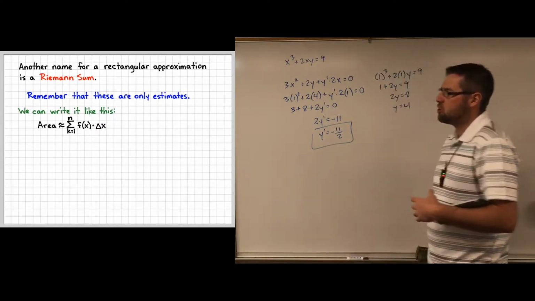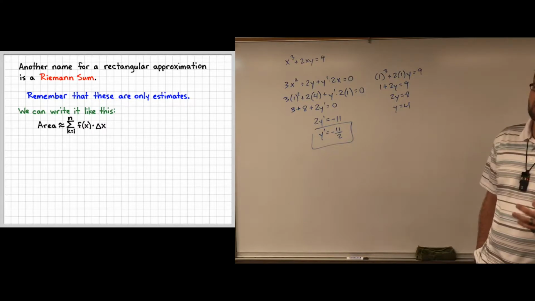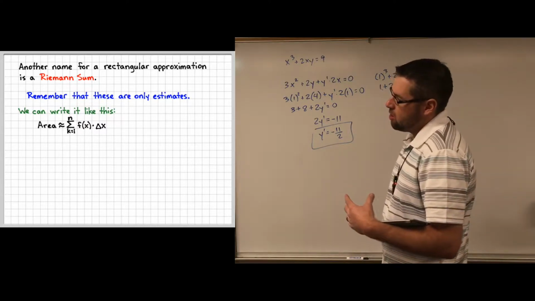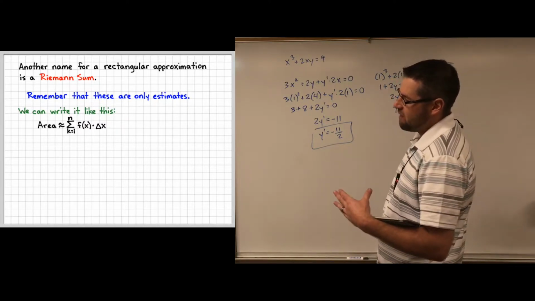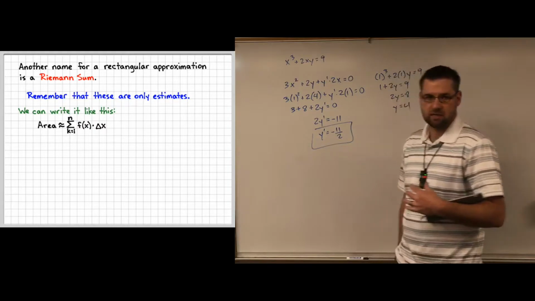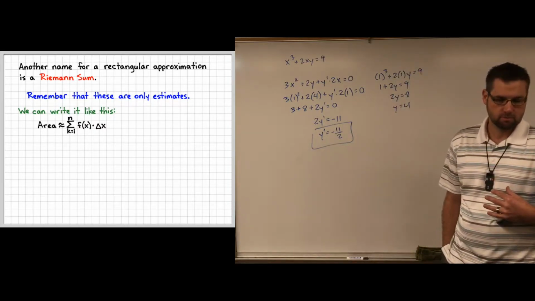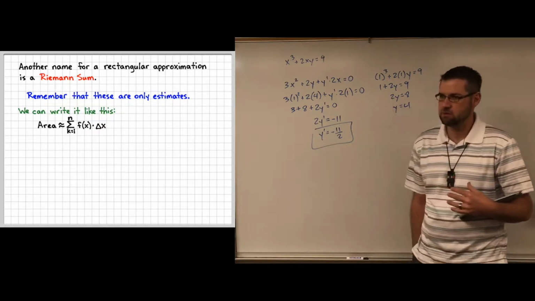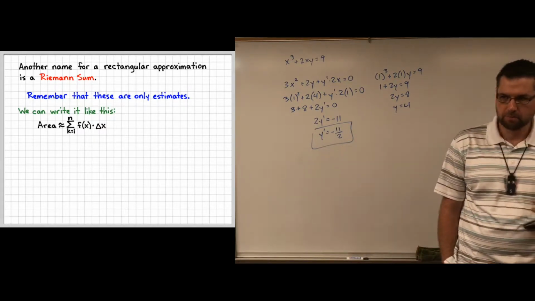Epsilon. Okay. So the area is approximately that thing, and I want to analyze this a little bit here. We see f of x times delta x. You probably did something like this in a mixture of Algebra 2 and analysis.